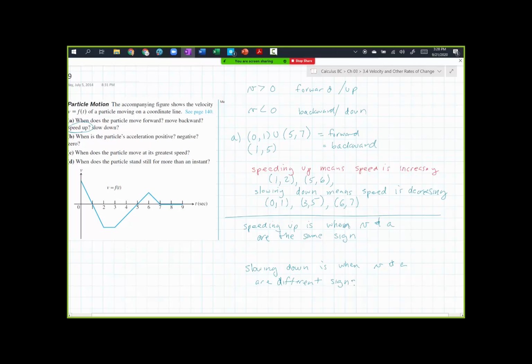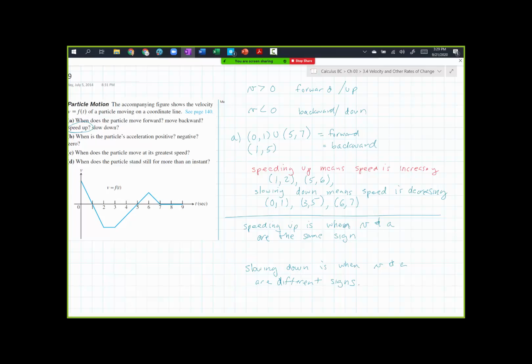Now, the best way for me to demonstrate this is the idea that I throw this pen up in the air. When I throw it on the upward side, is it slowing down as it's going up? Yeah. And once it reaches its high point and it starts coming down, is it slowing down or speeding up?